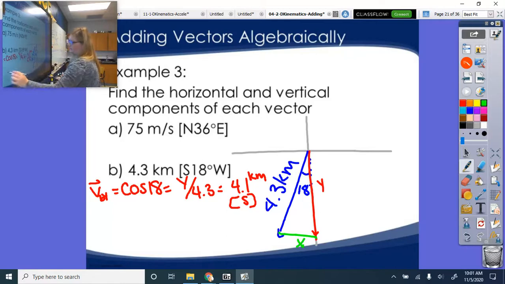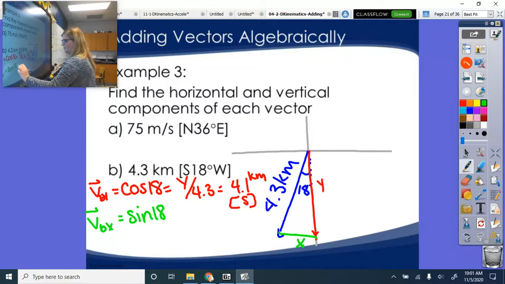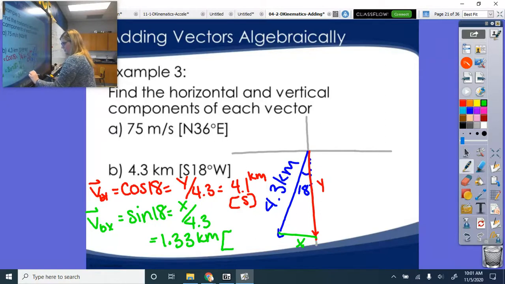And then if I solve for my x, it's going to be the sine of 18 degrees equals x divided by 4.3. And that's going to be 1.33 kilometers, and that direction is heading west. So those are my components of those two.